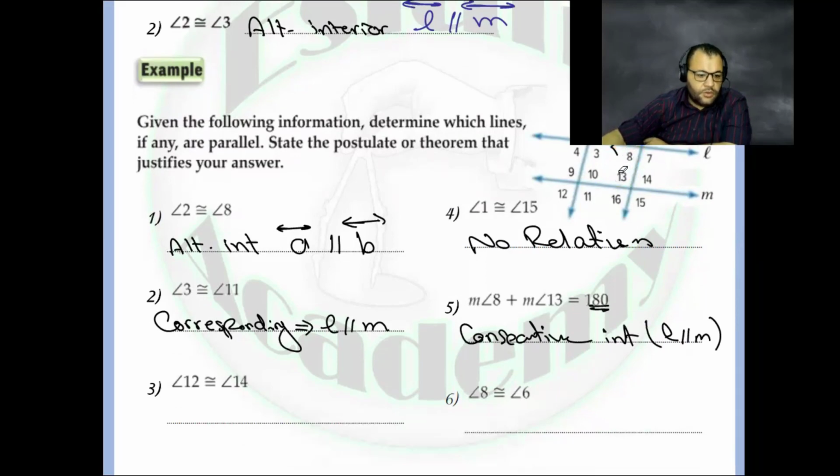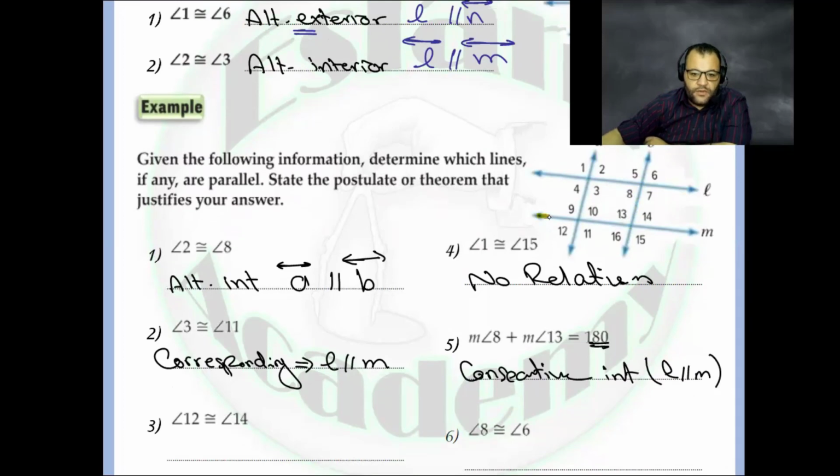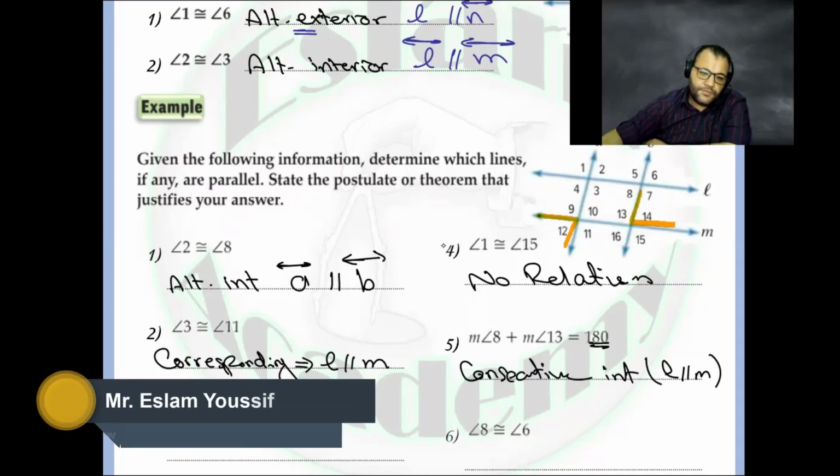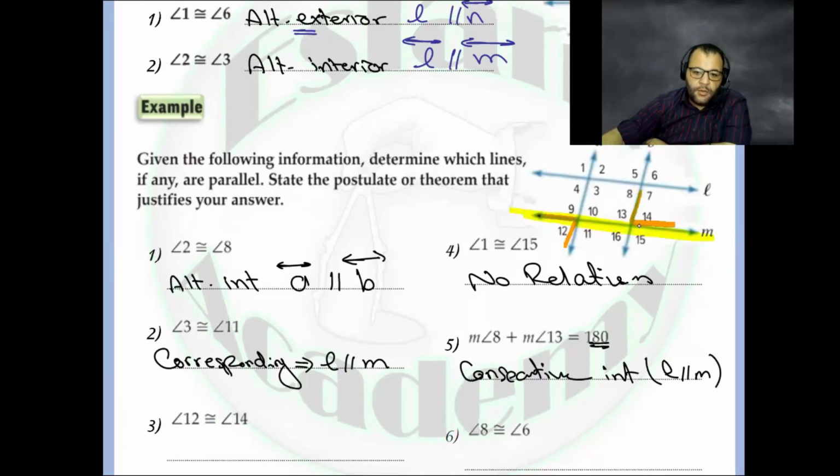Now we need 12 and 14. Just 1 minute to go back. That's 12, and 14. Can you join between them? Oh, sorry. That is the transversal, M. This line is common here and the same line is common here. So M will be the transversal. What is the type of this relation? This is alternate exterior. One up and one down.